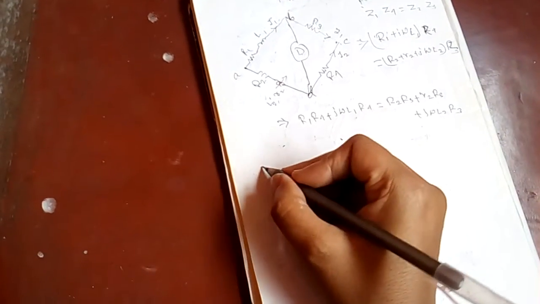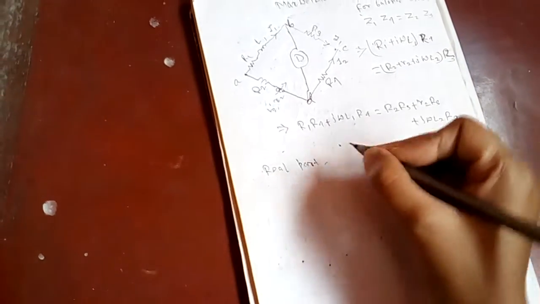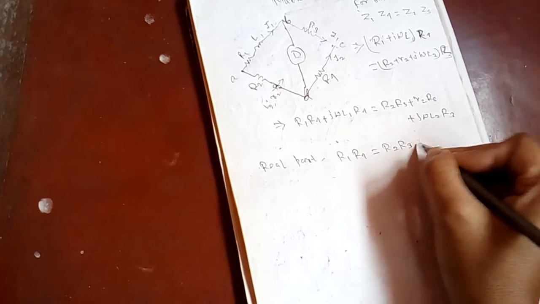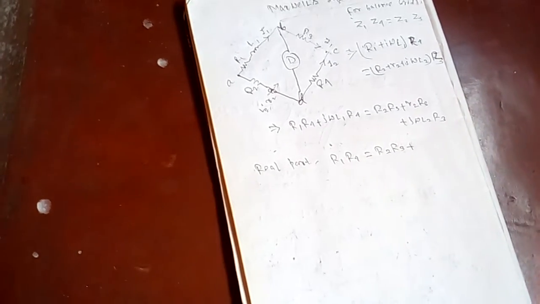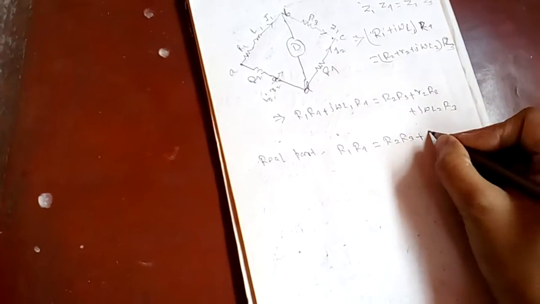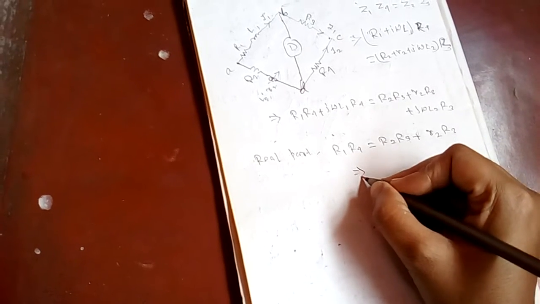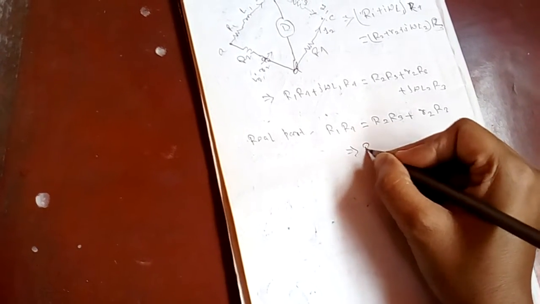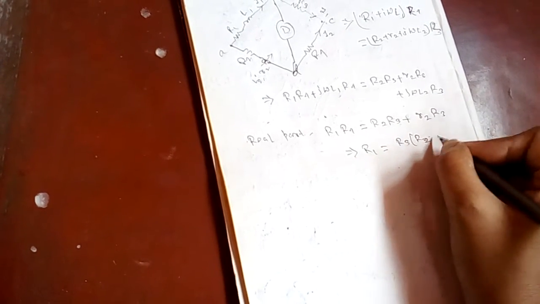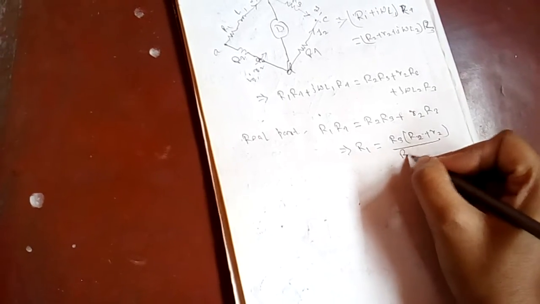Then comparing the real and imaginary parts, we get R1 R4 equal to R2 R3, so the unknown resistance R1 equals R3 R2 divided by R4.